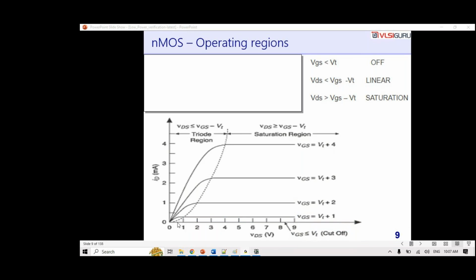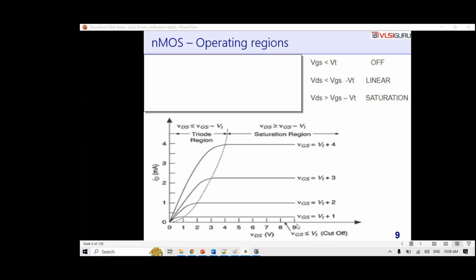This line you see, I shouldn't have drawn it here. The x-axis line itself represents this scenario. So as long as your gate to source voltage is less than the threshold voltage, it will be completely cut off. There won't be any current flowing.